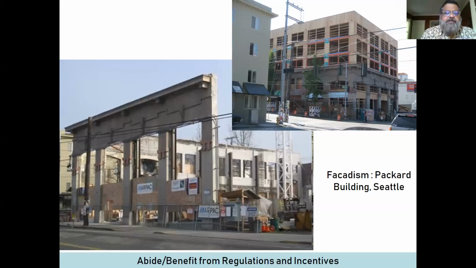It essentially means retaining the street-facing facades of the building that are deemed to have some architectural or cultural value, and then putting a new building behind it. So essentially, you're just preserving two street-facing facades.